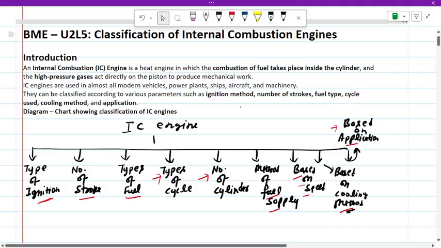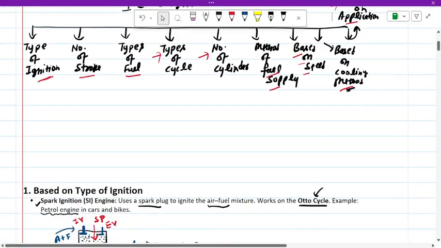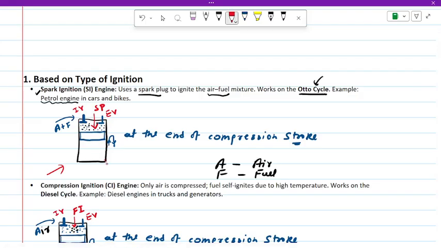Okay, so next is on the basis of ignition. Based on type of ignition, we need to draw the same kind of diagram that we have done so many times. Like, a cylinder is there, and then there is a piston, and there are valves. We are assuming that whatever engine we are going to discuss will be a four stroke engine.